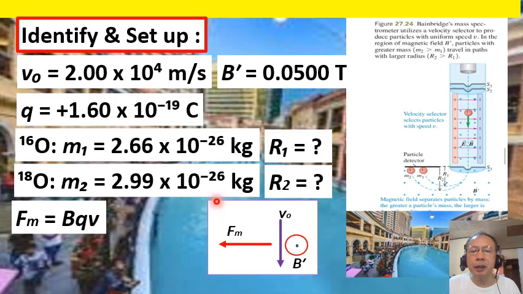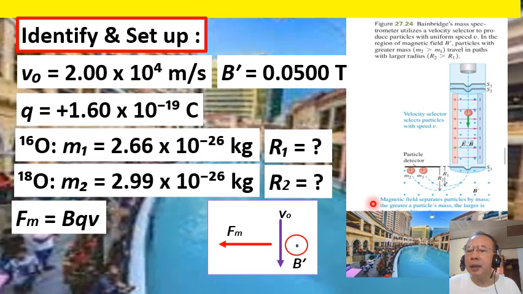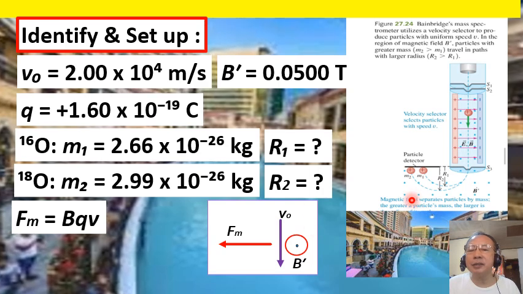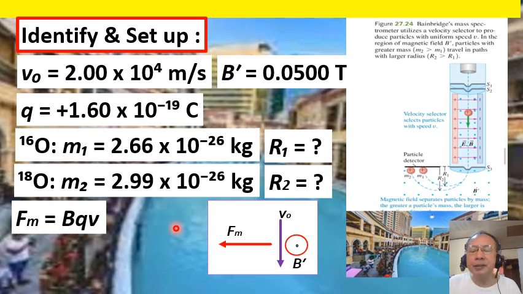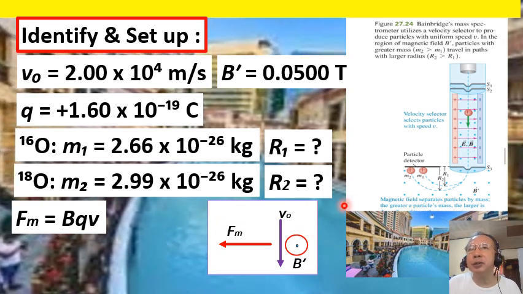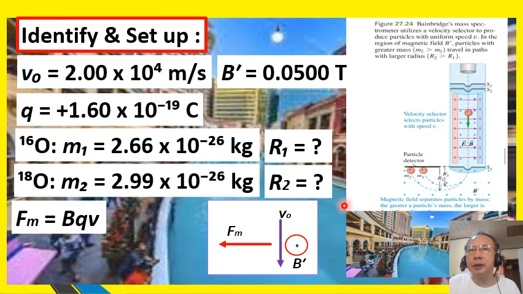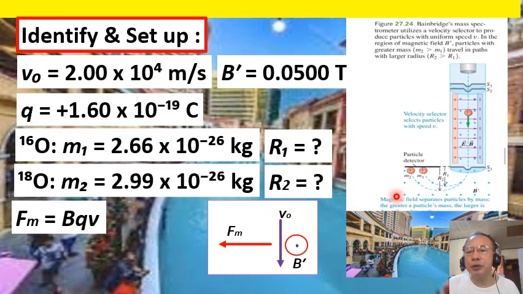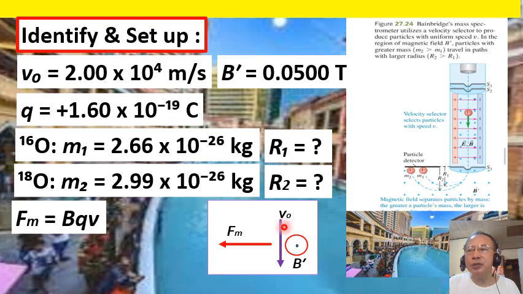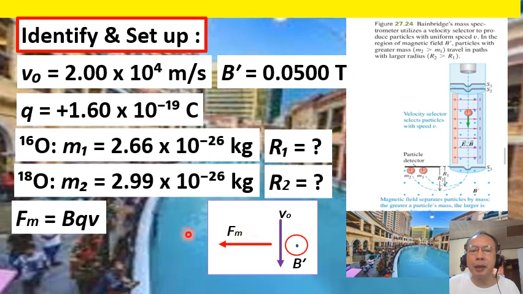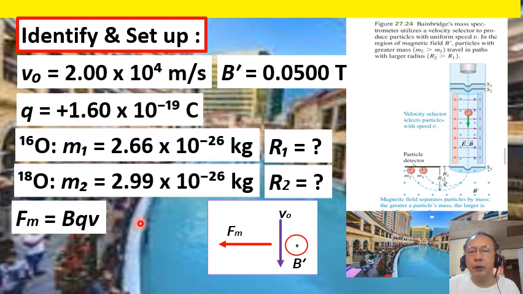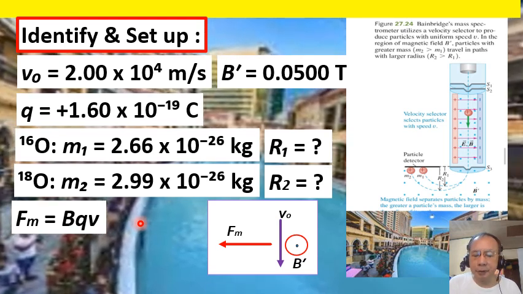Now, the semicircular path suggests that the tendency for the ions is to move in a circular path. That's why we are being asked to determine the radius of the semicircular path taken by each ion.